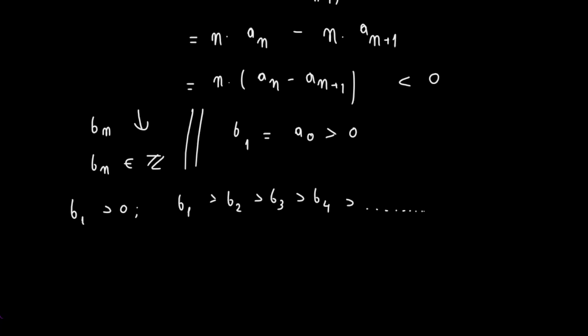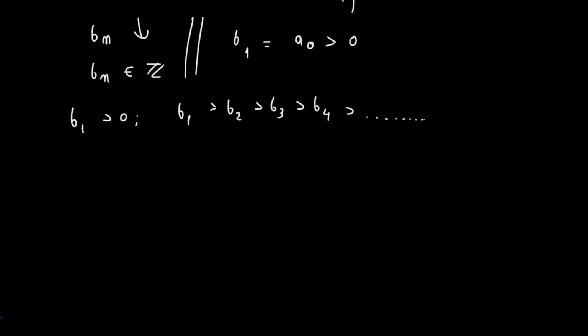If this sequence were of real numbers, we could have all these terms positive, but because we have this sequence of integers which is strictly decreasing, there has to be a step where b_n is bigger than 0 and the next one is smaller than or equal to 0, because the set of positive integers is bounded below.